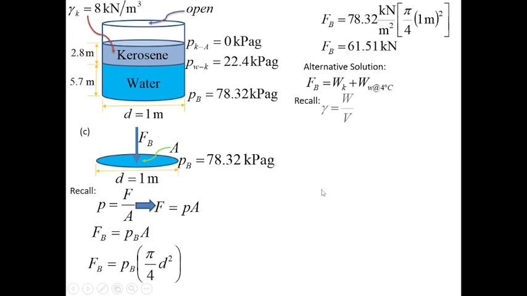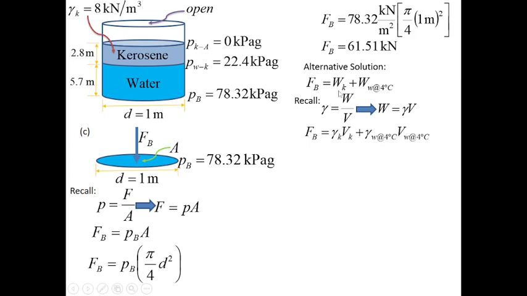Recall that the specific weight of the substance is equal to the weight over volume. And the weight of the substance is simply the product of the specific weight of the substance and its volume.